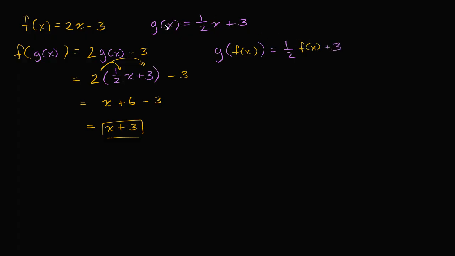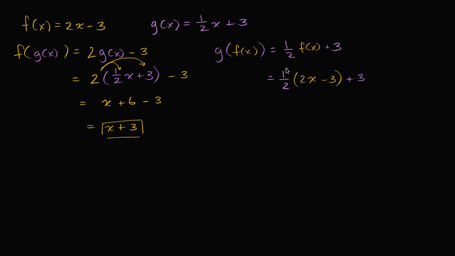You can view the x up here as the placeholder for whatever our input happens to be. And now our input is going to be f of x. And so this is going to be equal to 1/2 times, what is f of x? It is 2x minus 3. So 2 times x minus 3, and then we have a plus 3.